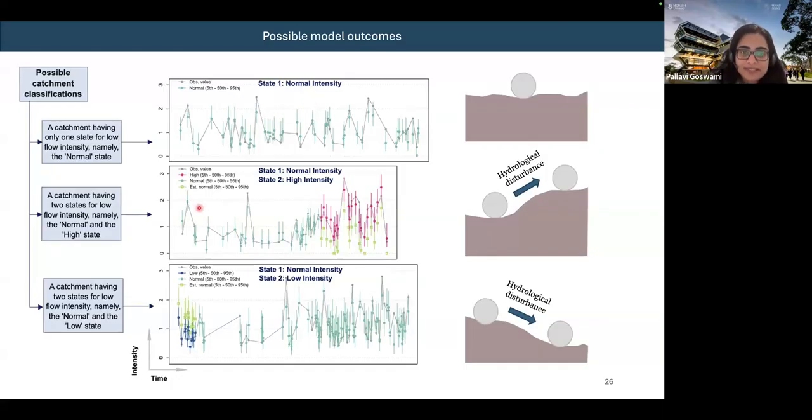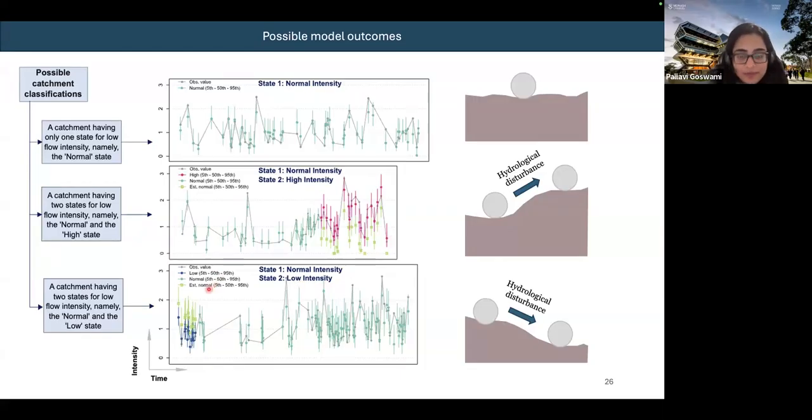The second possibility is that there could be two states. The first one is the normal intensity, and the second one is a higher, more intensified state. What this means is that droughts sometimes can behave in a more intensified way. So you would observe streamflow values that have generally not been observed in previous droughts.